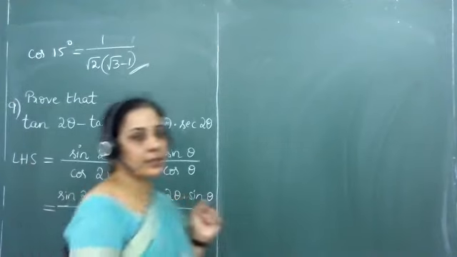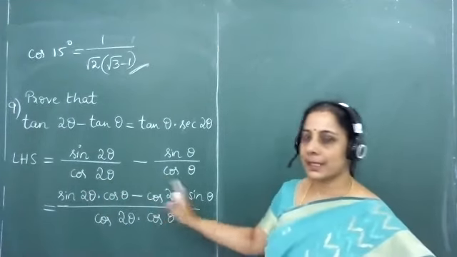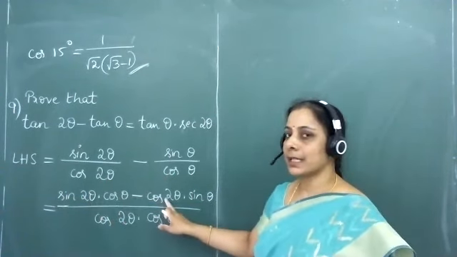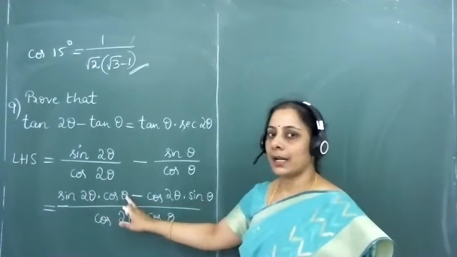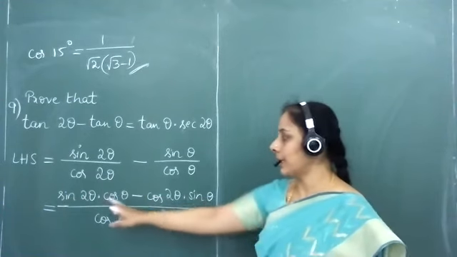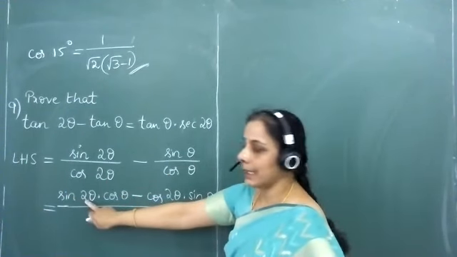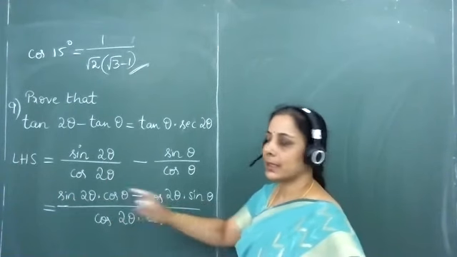And what do we observe further here? The expression in the numerator is in the form sin A cos B minus cos A sin B. And what is sin A cos B minus cos A sin B given by? It is nothing but the compound angle formula sin A minus B. For A, I can consider 2 theta. For B, I can consider theta.